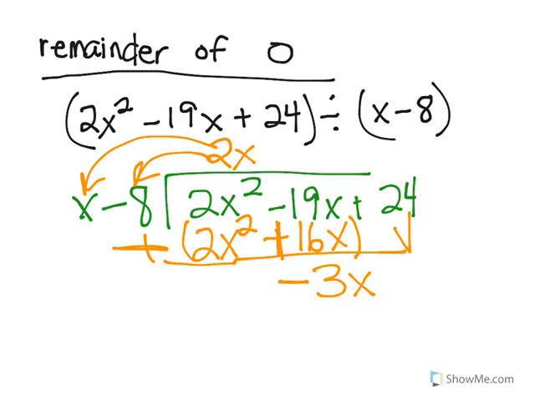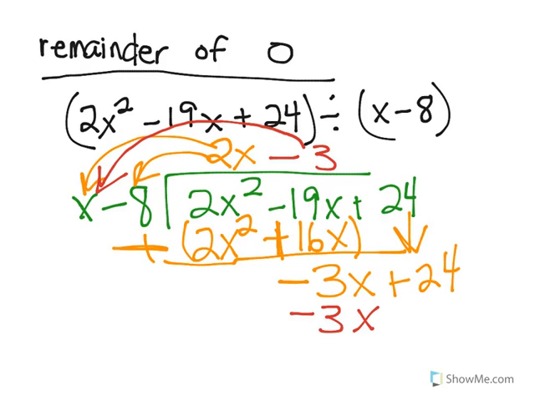Now I bring down my next term, plus 24. Now I'm going to start the process again. How many times does x go into negative 3x? Well, that's going to go in minus 3 times. So now if I take the minus 3 and I multiply it by x, I get minus 3x, and multiply the negative 3 times the negative 8.